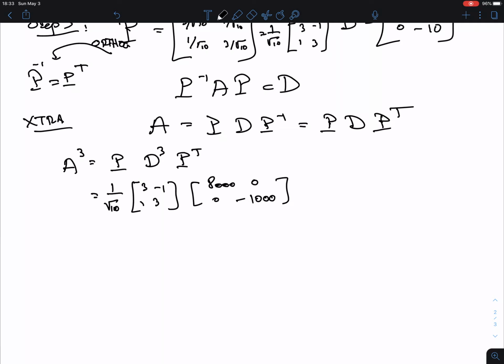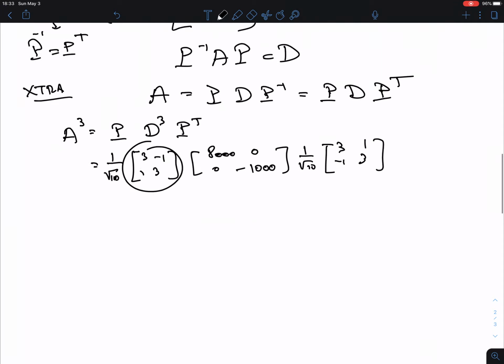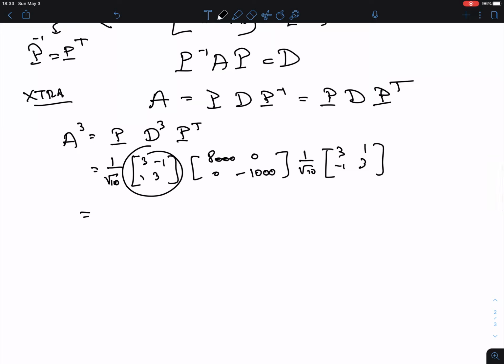Well, this is the transpose of this guy. Now remember, there is a radical 10 here, and then we just transpose this, and that is 3, negative 1, 1, 3. So let's bring the 1 over radicals out. So we get 1 over radical 10 and 1 over radical 10 altogether is 1 over 10. And then we have 3, negative 1, 1, 3.